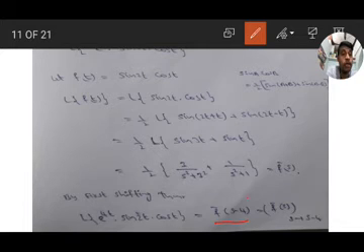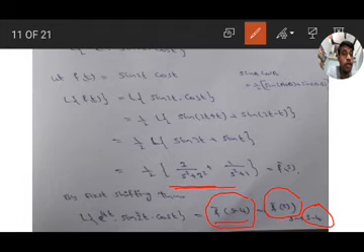The Laplace transform equals f bar of s minus 4. In f bar s, wherever there is s, in place of s we write s minus 4.